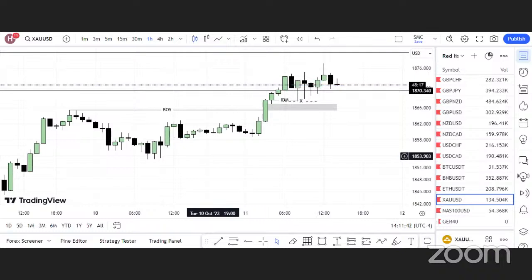Okay, so long means they want to buy, short means they want to sell. So if I say let's go long, that means I'm telling you let's buy. And if I say let's go short, then I mean let's sell. Okay, so that is that.